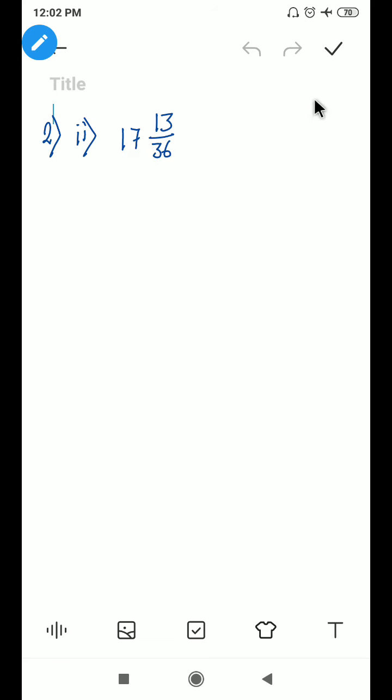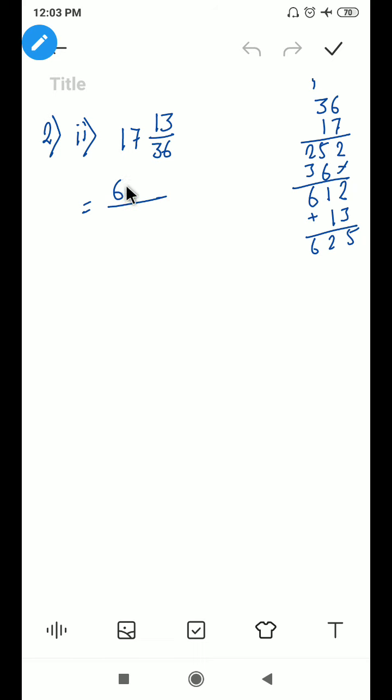For this you multiply 36 and 7. 6 times 7 is 42, 4 is carry, 3 times 7 is 21, plus 4 is 25. So here is 252, and add 13 with this. If you add 13, you get 265. So you will get 625 divided by 36.